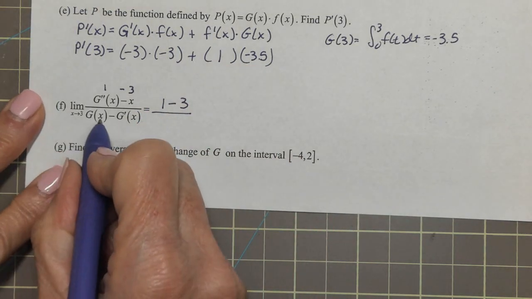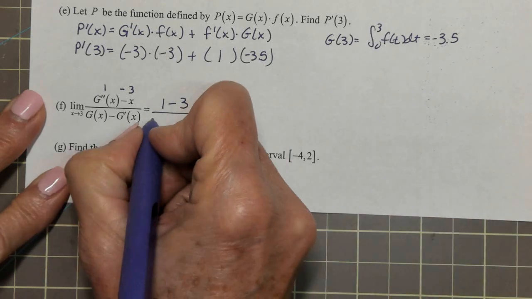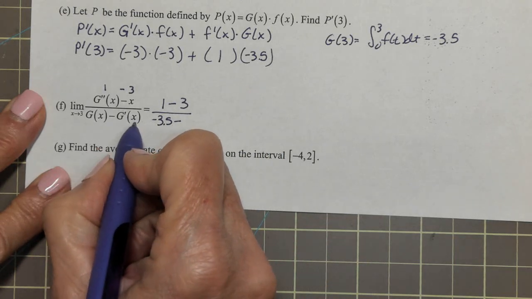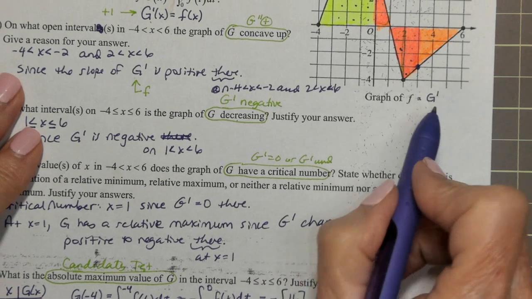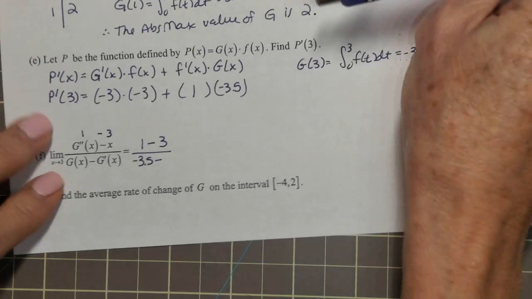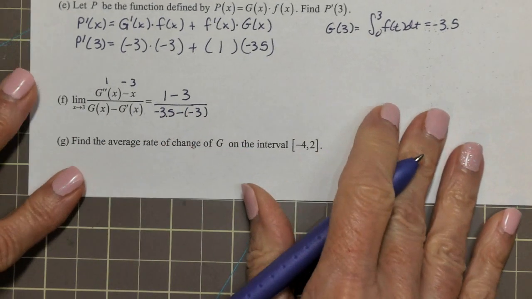What is G of 3? Well, G of 3 we found in the above part, so that is negative 3.5. What is G prime of 3? G prime of 3 is f of 3, and that is negative 3. Save, stop, we're done.